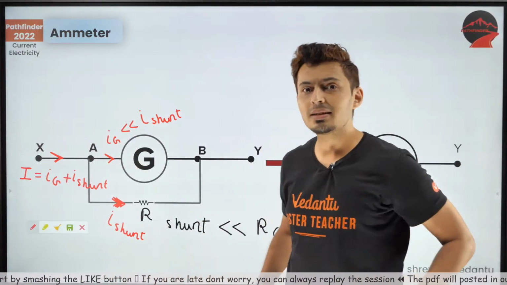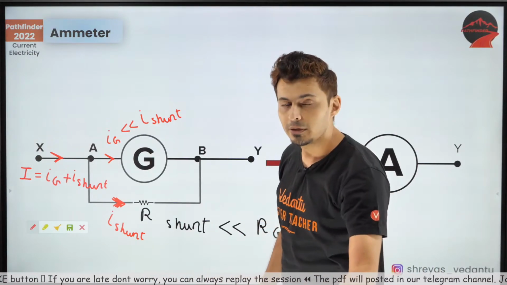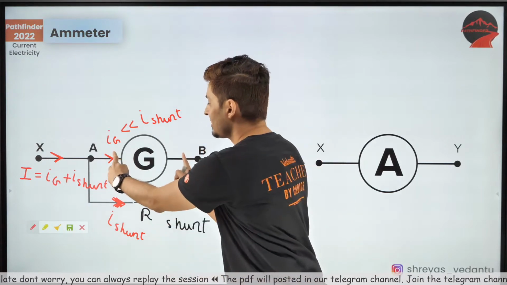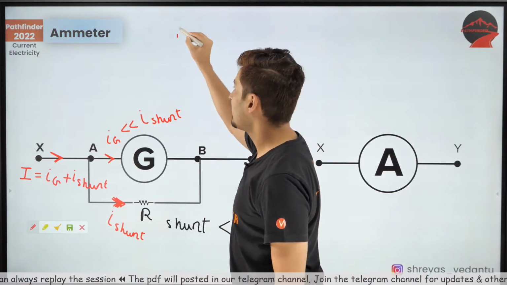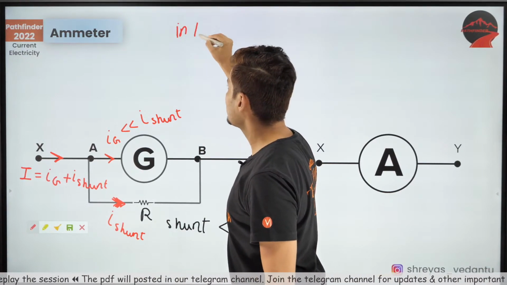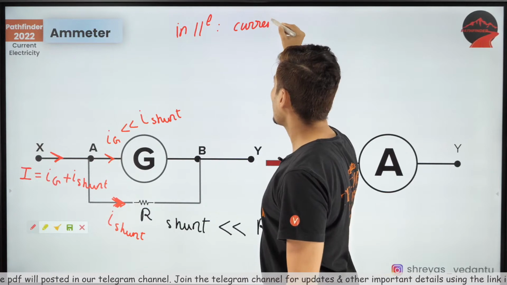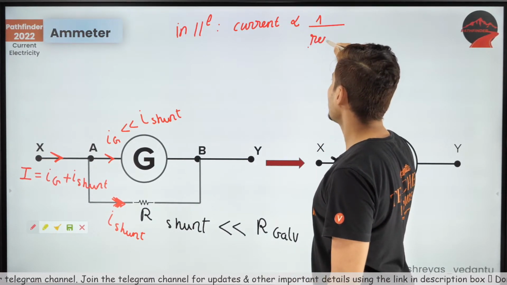Great. Now a few things that you need to keep in mind out here, which are already taught to you in series-parallel circuits. Remember, this and this are in parallel. In parallel circuits, we have already seen that the current across a resistance is inversely proportional to the resistance.